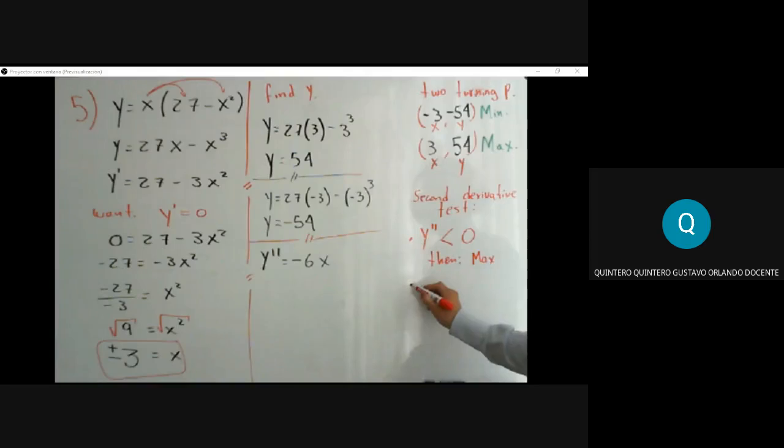And if y double prime is bigger than 0, which means positive, then we have a minimum.